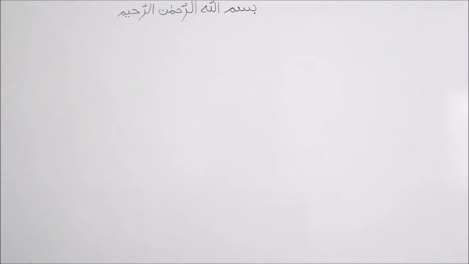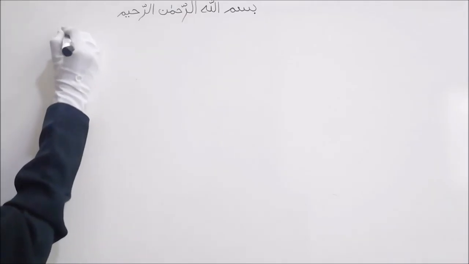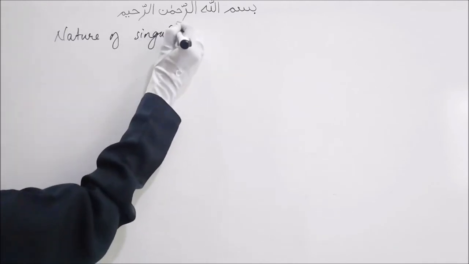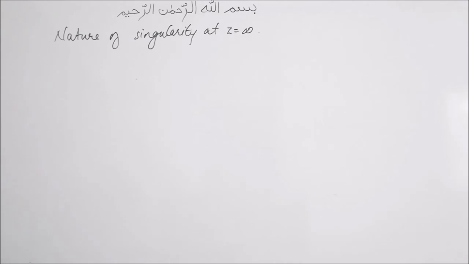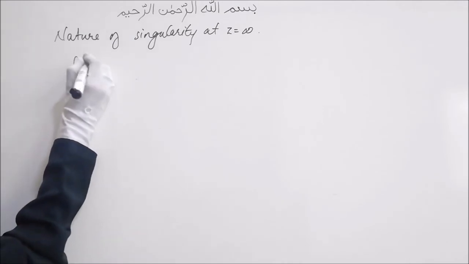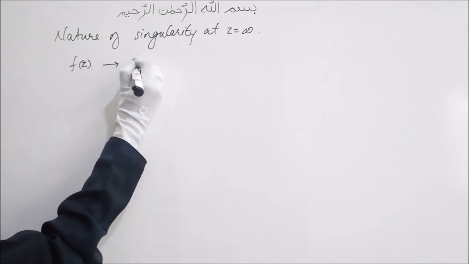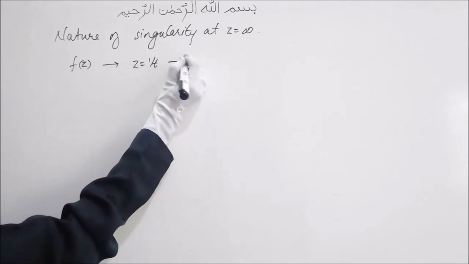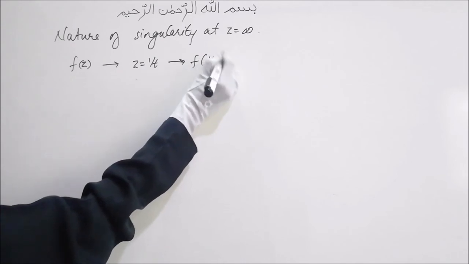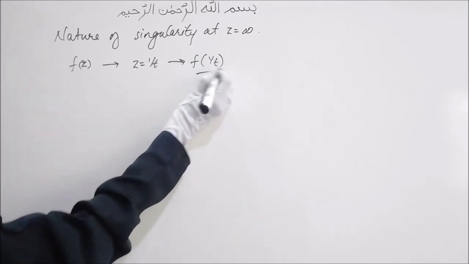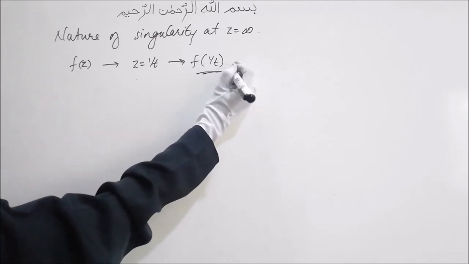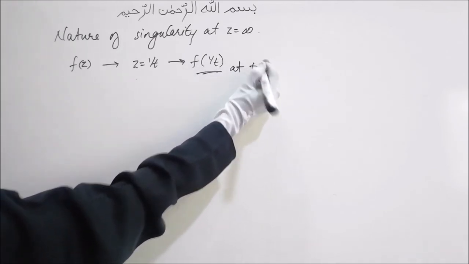One another case we have is to find the nature of singularity at z equals infinity. For this, we will be given the function f of z, then we put z equals 1 by t and get the function f of 1 by t. Now we will find the nature of singularity of this function f of 1 by t at t equals 0.